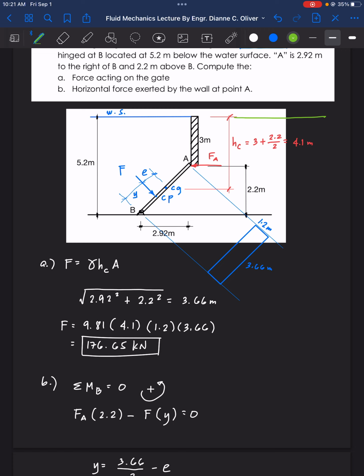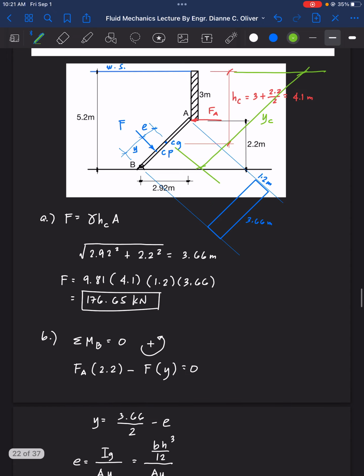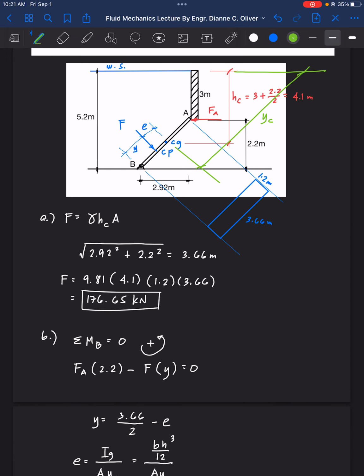So this is your YC from the center of gravity up to here. Now how do we get the value for YC? So this is HC, and it forms a triangle.